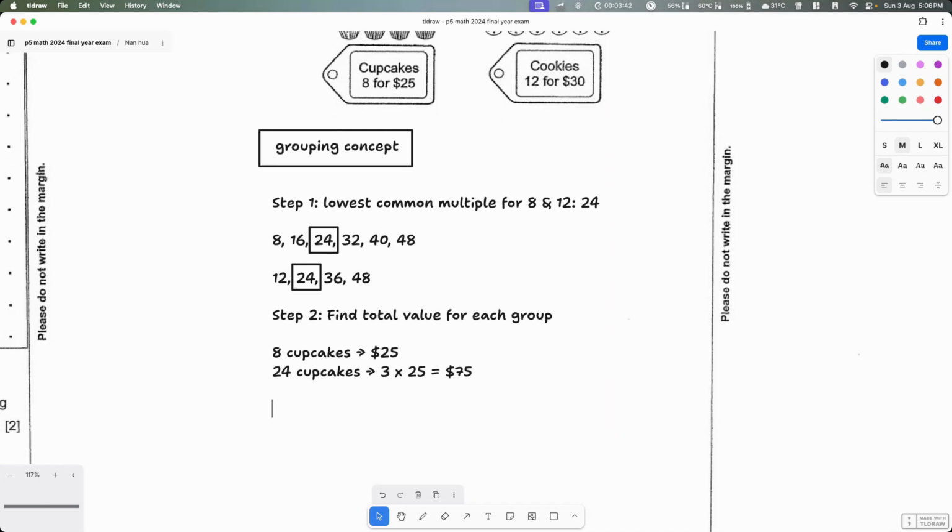And then for cookies, 12 cookies is $30. 24 cookies is 30 times 2, which in this case is $60.